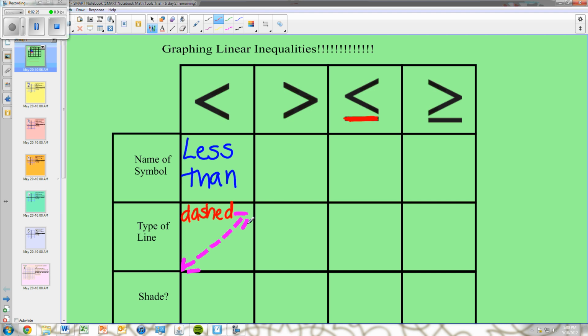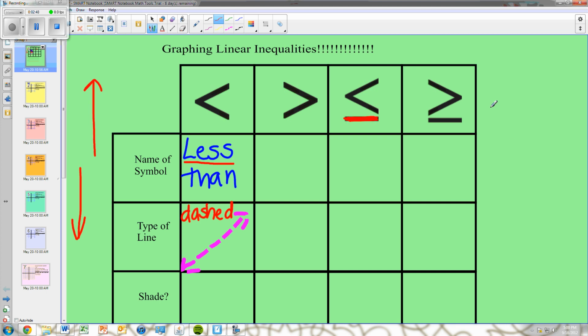The second thing that makes inequalities different is the type of shading. When we shade inequalities, we have one of two options. We either shade above the line, on the top half, or we shade below the line, on the bottom half. And we tell where to shade based on this word here.